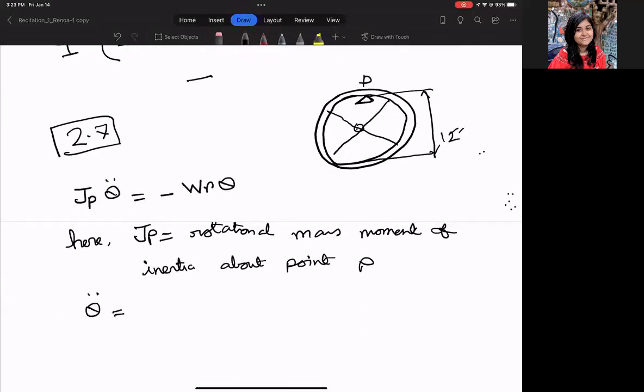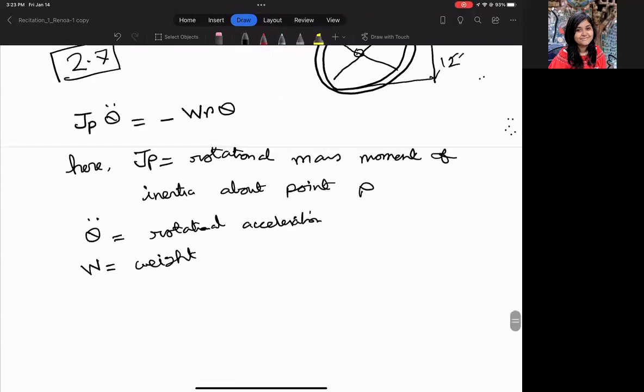Theta double dot is the rotational acceleration. W is weight. R is the distance from center.